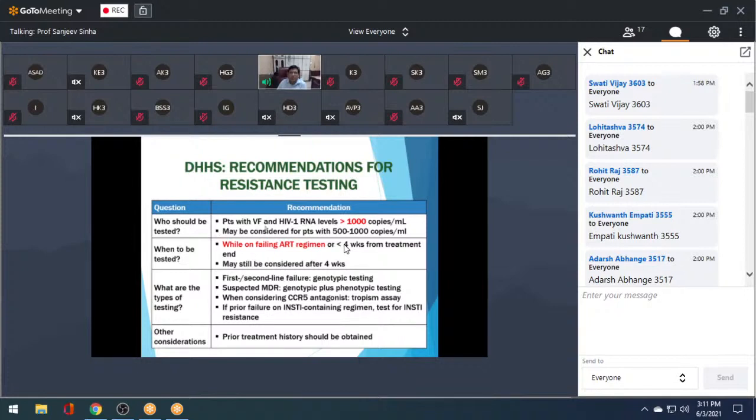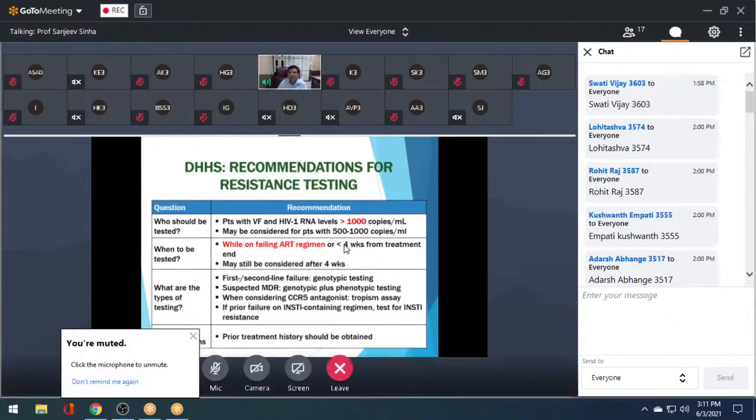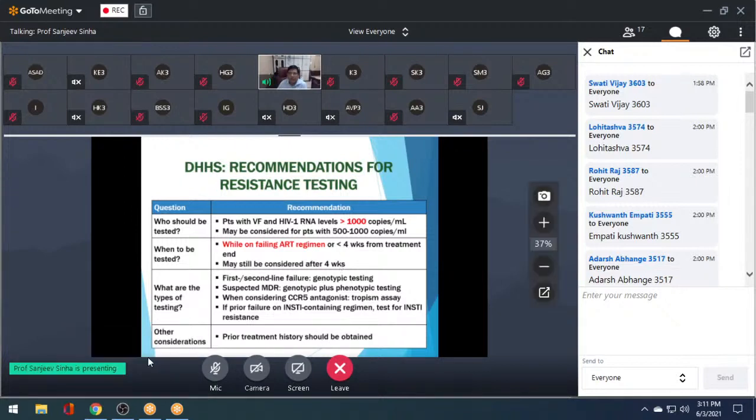The patient with viral failure and HIV-1 RNA levels more than 1,000 copies per ml, and it may be considered for patients with 500 to 1,000 copies per ml. So we have seen that if you are applying to do HIV resistance testing, then it's better you have high levels of viral RNA, and we generally do HIV resistance testing when RNA levels are more than 1,000 per ml.